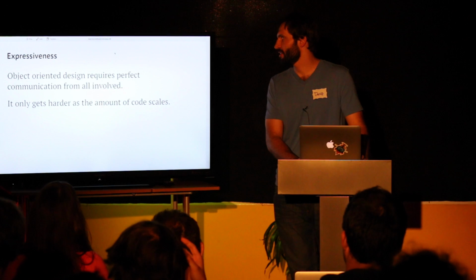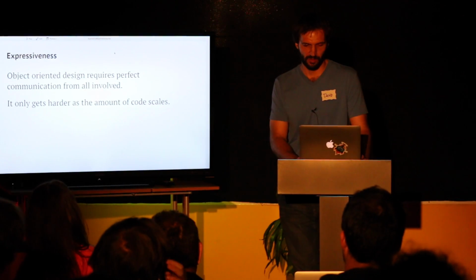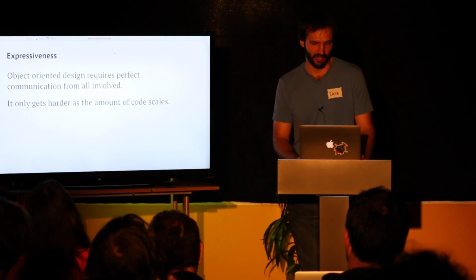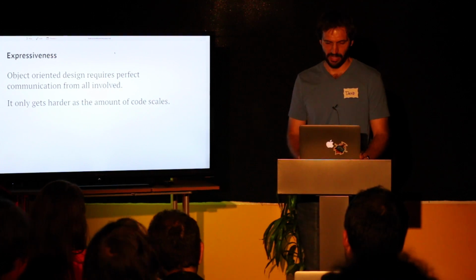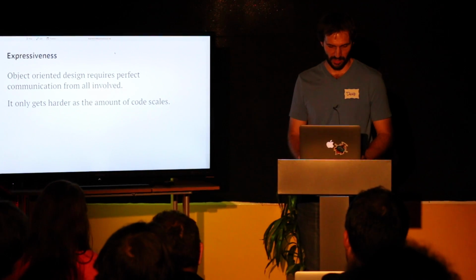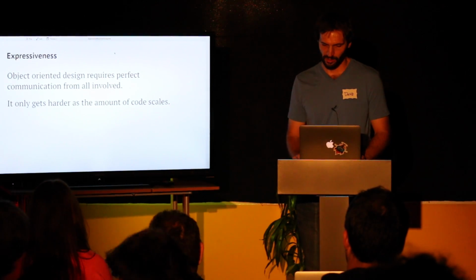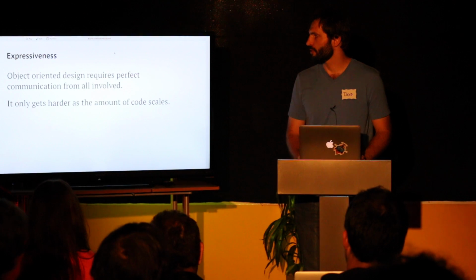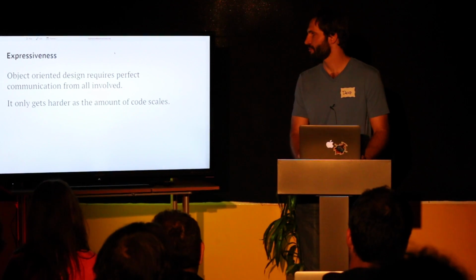So I think object-oriented design pretty much requires perfect communication from all the components involved. If one component fails to notify another or fails to observe another, then that's where you get bugs, and it's hard to remember all those pieces that need to be notified. And it just gets harder as code grows big. It's easy to do a small app, but when you get really big apps, human nature and OO combine for bad structure, I guess.